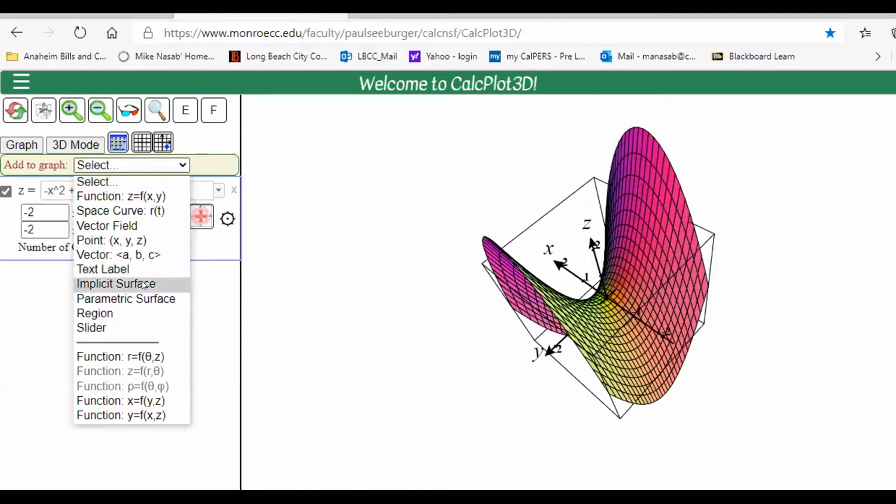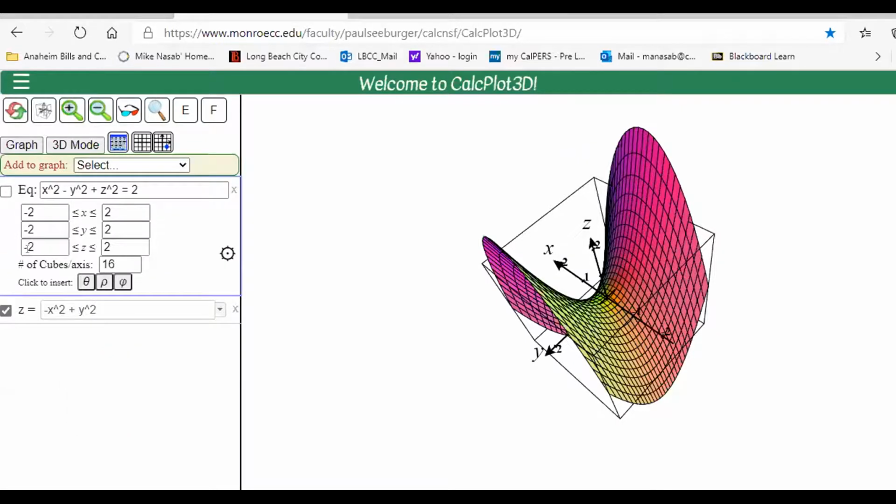Go to implicit surfaces and go x squared divided by 9 plus y squared divided by 4, was it? 4. And then minus z squared divided by 25 equals 1.